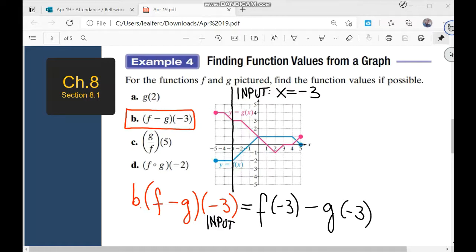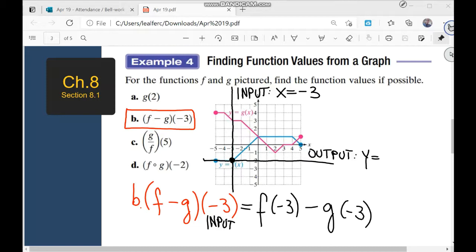Now let's find the output. The output for f. F is the blue. Is the intersection between the vertical line of the input and the blue line of the f of x. Okay? This is the output for f.